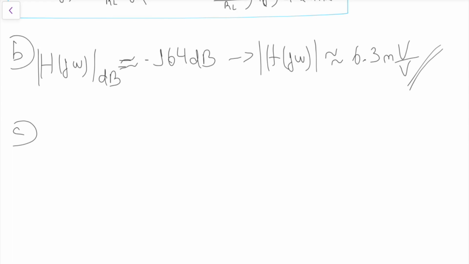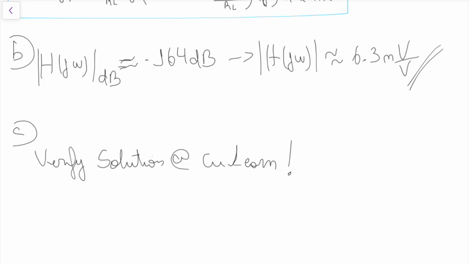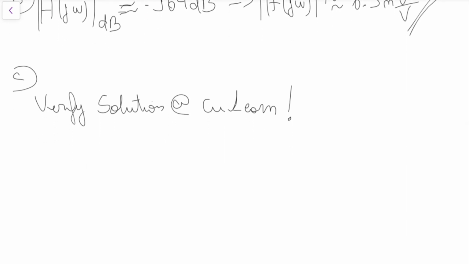So for part C, verify the solutions at CU Learn. Okay, so do that. You have like a table with all the values. Okay, I'll just mention them here just to not waste too much time talking about just numbers.